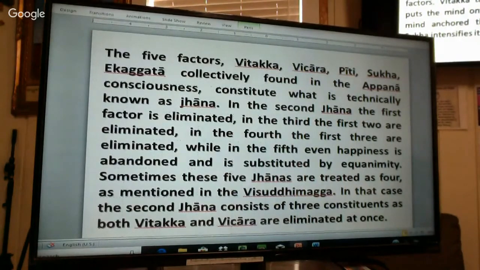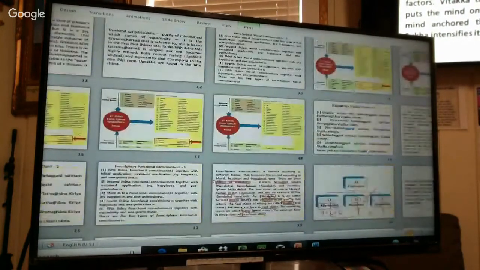But actually, many mental factors work with them, isn't it? We have at least 35 mental factors working.